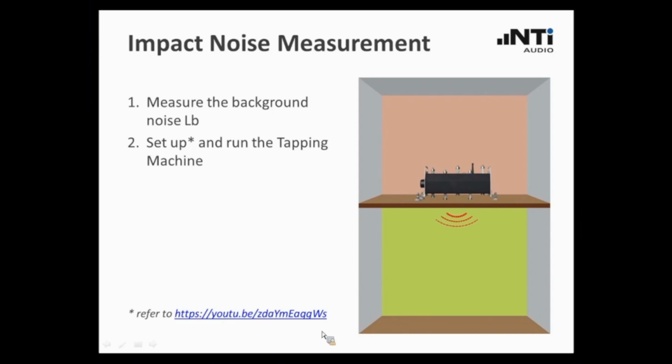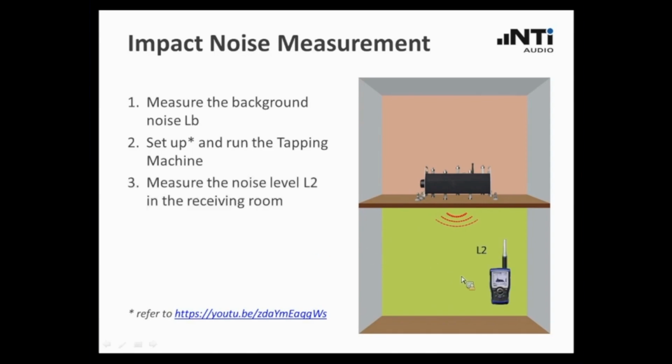You don't need to write down this link here. Just visit our website, search for the tapping machine, and there you will find a video that shows you how to do that properly in order to make sure that the tapping machine is operating correctly. Then you run the machine, you switch it on, and you measure the sound it creates in the room below. So you measure the sound level L2 in the receiving room.